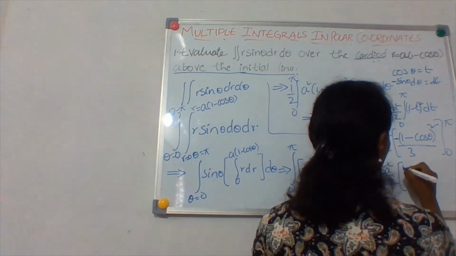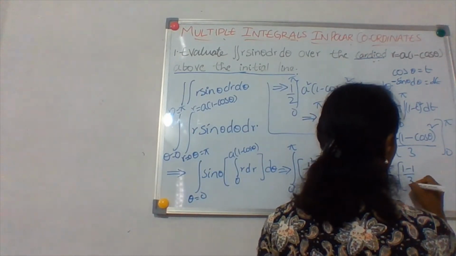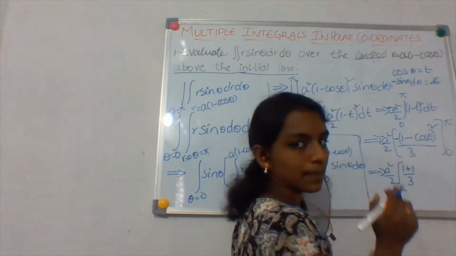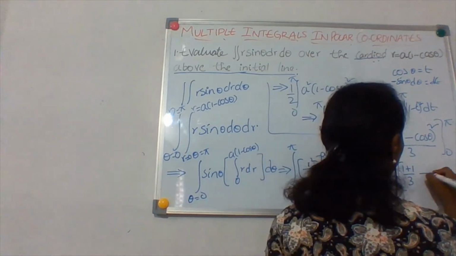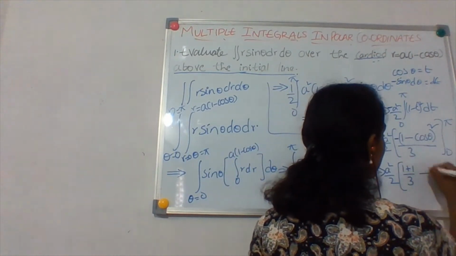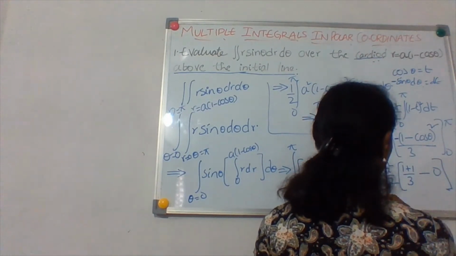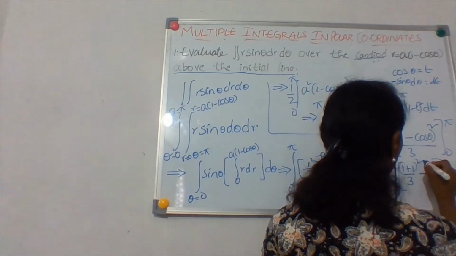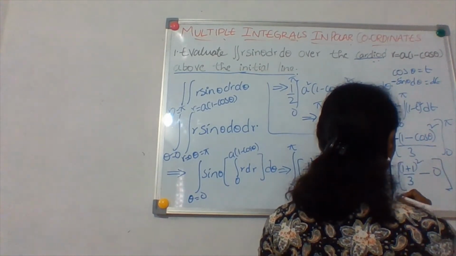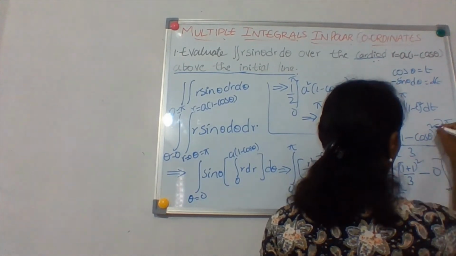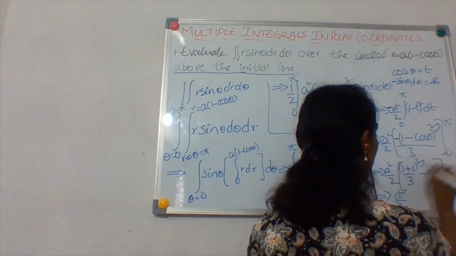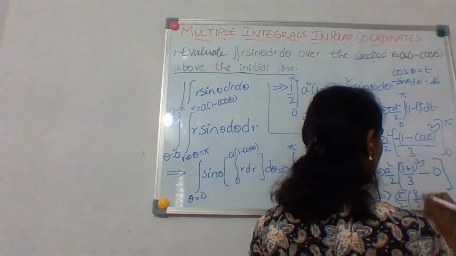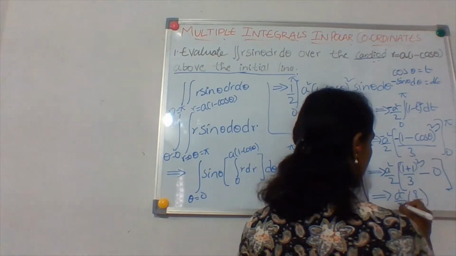So 1 plus 1 whole cube by 3, minus, if I put 0, I'll get 0, right? Yes. So a square by 2 into 8 by 3. Sorry, I'm really sorry, it is whole cube. 8 by 3, 2 ones are 2, 4.